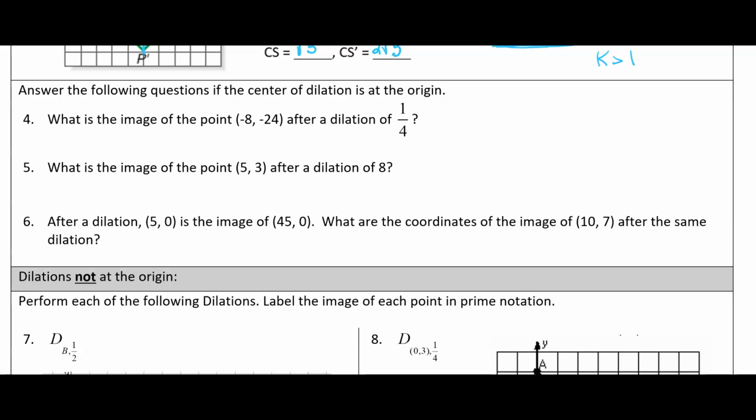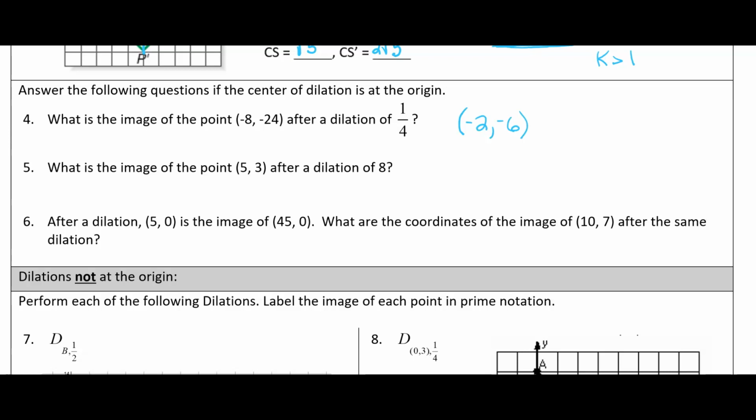So the point -8, -24 is the pre-image. So after the 1/4, we would simply take the -8, divide it by 4, get a -2, and take the -24, divide it by 4, and get a -6. So the image of that point after that dilation would be -2, -6.